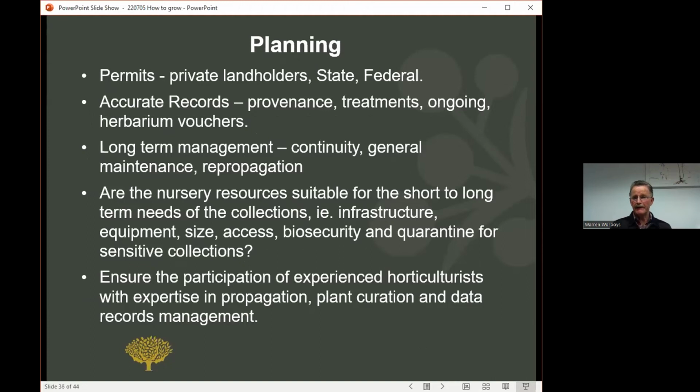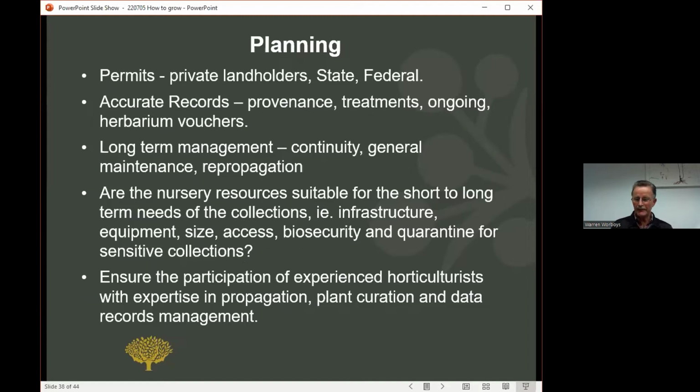The planning part of it, I mentioned last week, and it's an absolute essential, as everybody I think who's given a talk so far has emphasised. Your planning is essential, getting your right permits, whether it's private landholders, state, federal. Accurate records, so look up and research where you're actually going to get your material from, and record where you've actually collected the material from.